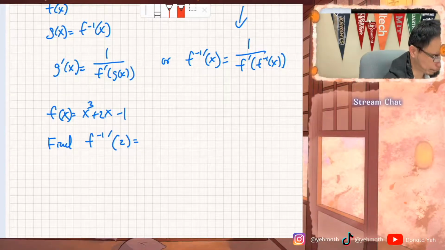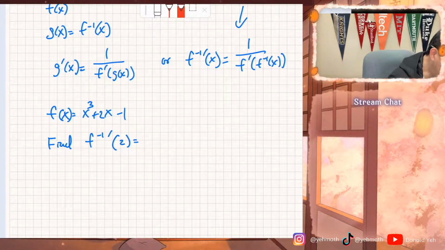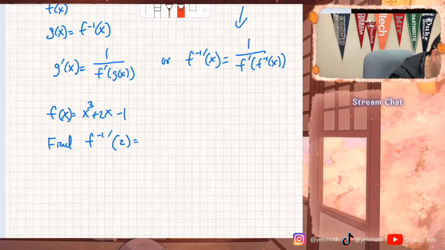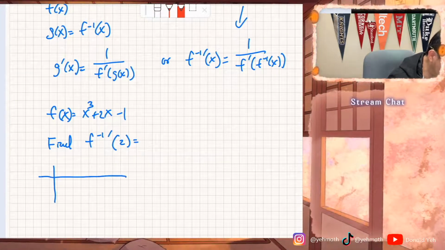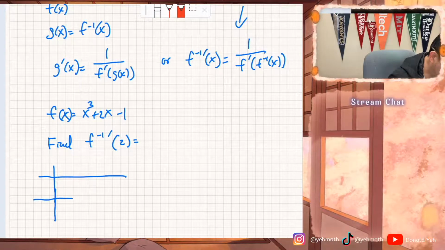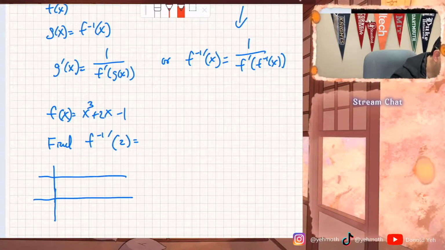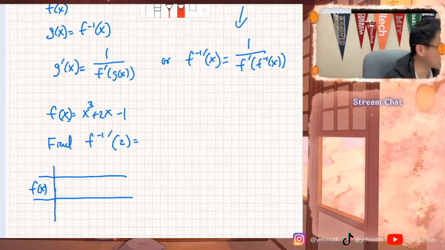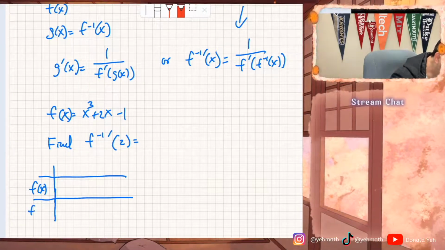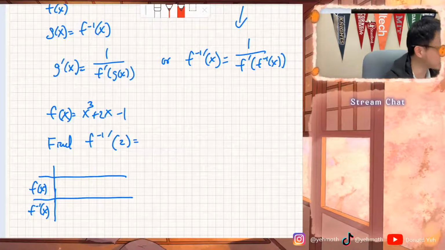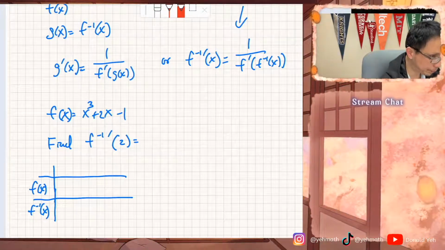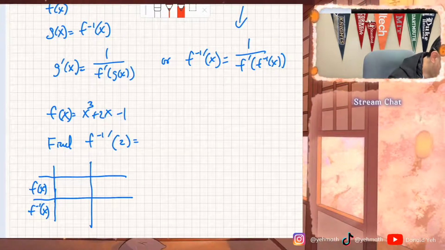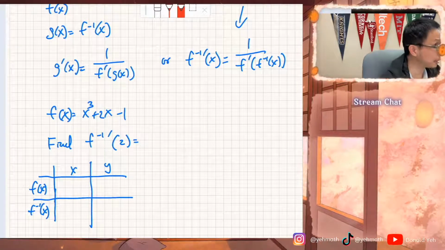Now pay attention. I write down something. This will help me, at least for people like me. I'm not very smart. Yeah, you probably think I am, but I'm not very smart. This is what I did in high school. I write down f of x, and I write down inverse of x. I can write down g of x if I want to. And I'm going to have x and y input-output situations.